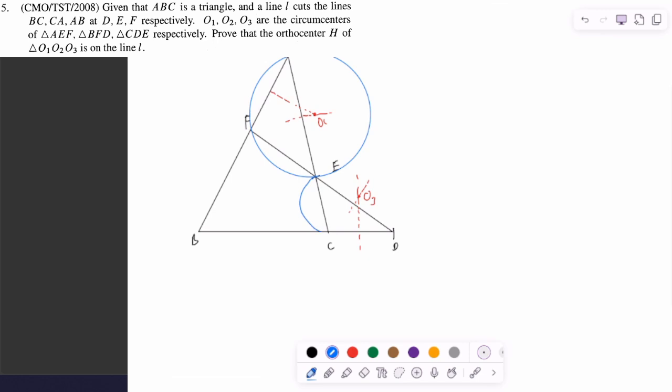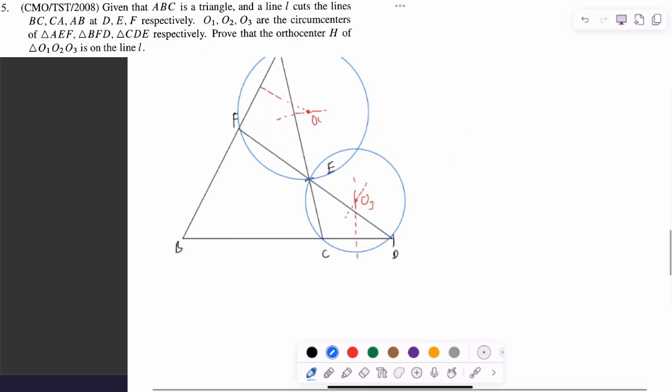Too bad in the actual SMO I cannot use this. Okay, nice, more or less accurate. Then we shall mark this point as M.